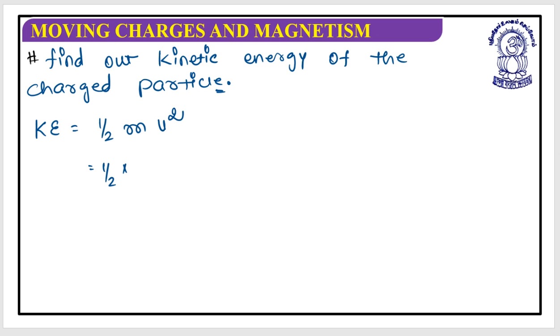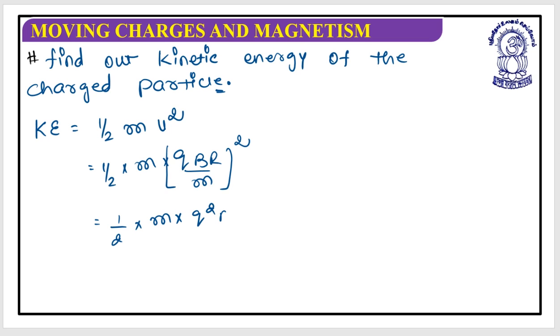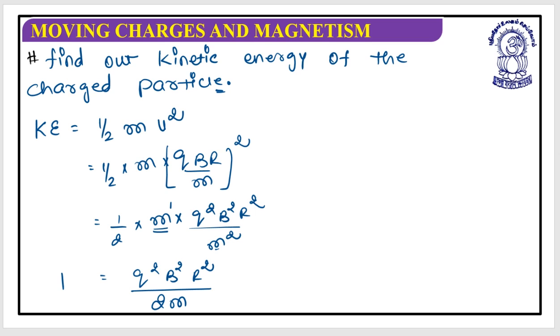What is v? It's qBr by m. Squaring it, this is equal to half into m multiplied by q square B square r square divided by m square. So this is equal to q square B square r square divided by 2m. This is the kinetic energy of the charged particle.